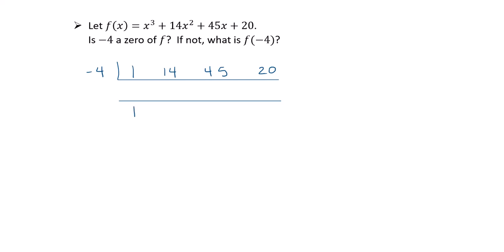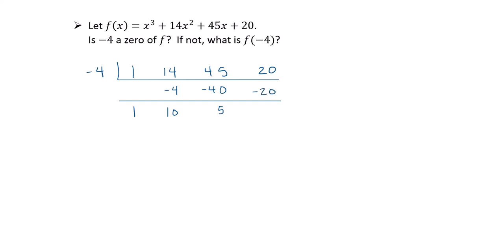We start by carrying down that 1. 1 times negative 4 is negative 4. 14 minus 4 is 10. 10 times negative 4, negative 40. 45 minus 40 is 5. 5 times negative 4 is negative 20.